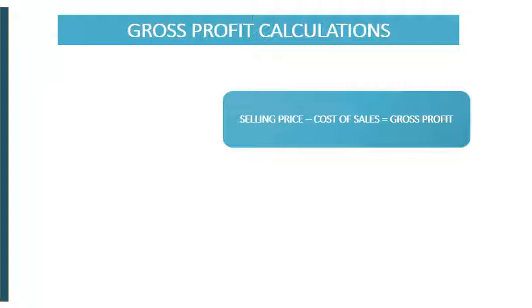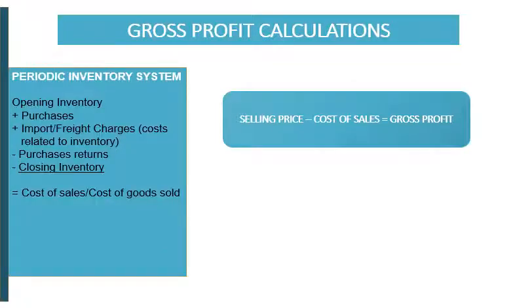To determine cost of sales, there are two methods that are used, being the perpetual inventory system where markups are given, or the periodic inventory system where we are given the following: the opening inventory, the purchases, the import duties, and from this cost element we will then deduct the purchases returns and the closing inventory, so as to arrive at the cost of sales or cost of goods sold, which will then be deducted from the selling price to arrive at the gross profit.